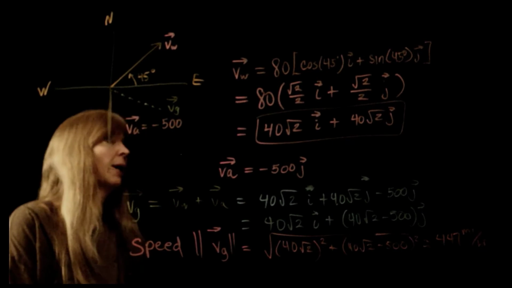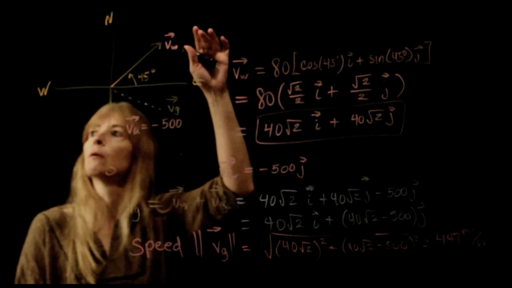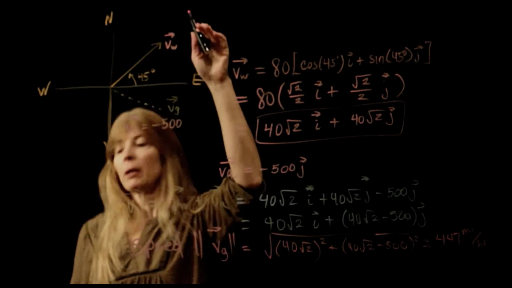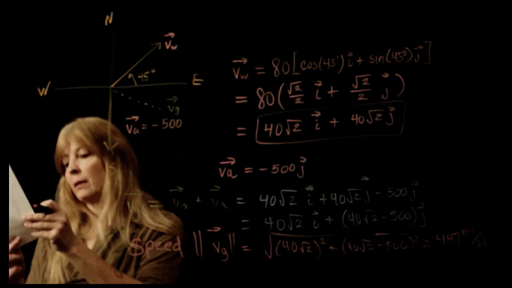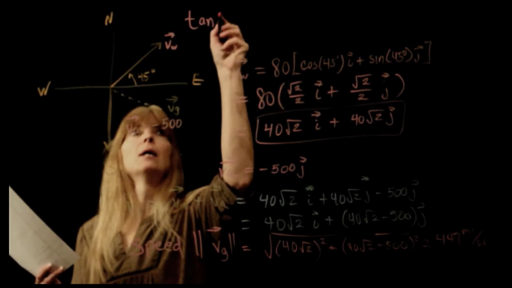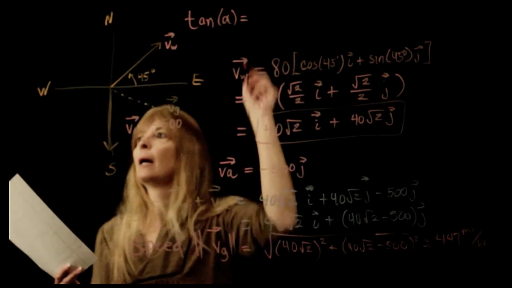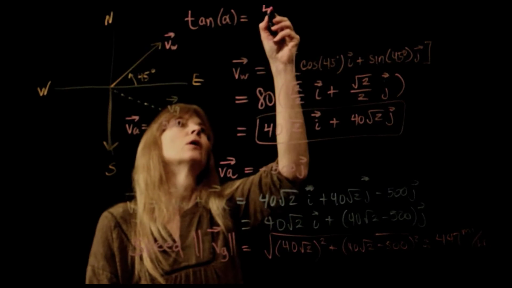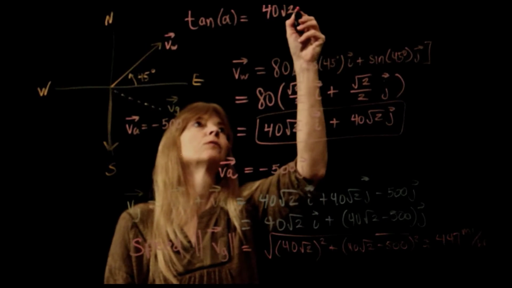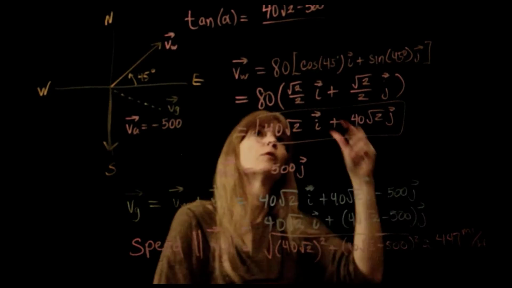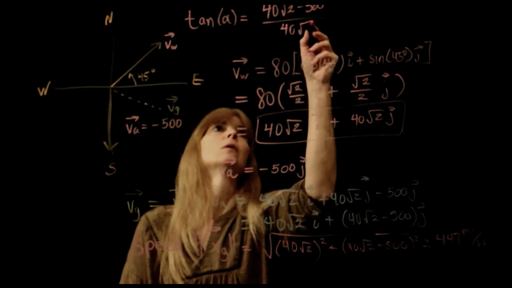All right, and then finally the last piece, to find the direction. So I'm going to look for the angle, and you have the formula for finding the angle. So tangent of alpha equals 40 square roots of 2 minus 500 over 40 square roots of 2.